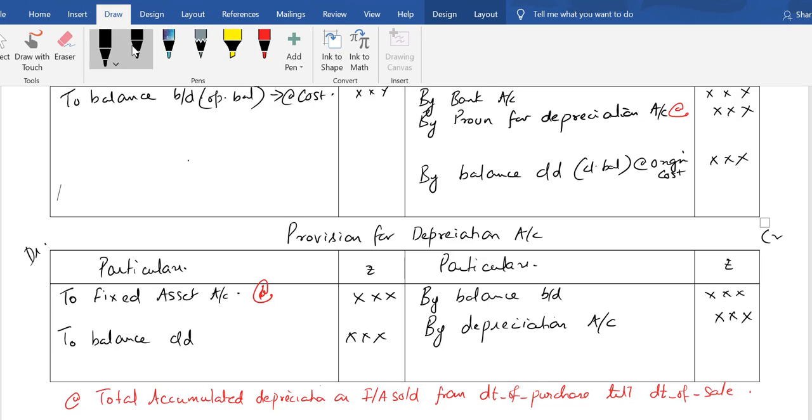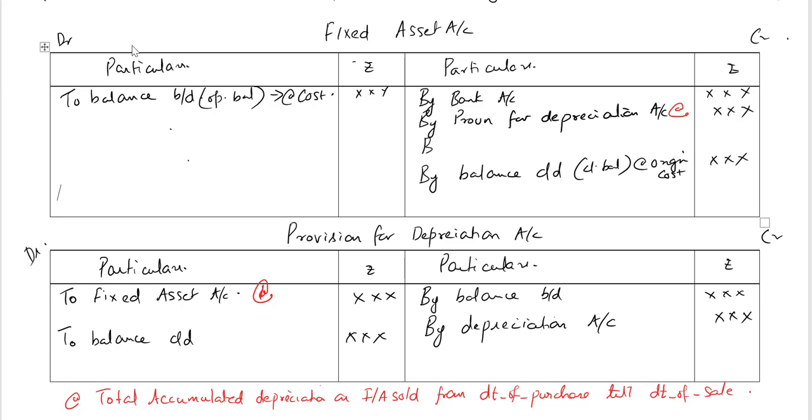Let's continue. If there is any loss on sale, it comes on the credit side of the fixed asset account as by loss on sale of fixed asset account. And in case there's a gain on sale, it comes on the debit side as to gain on sale of fixed asset account.